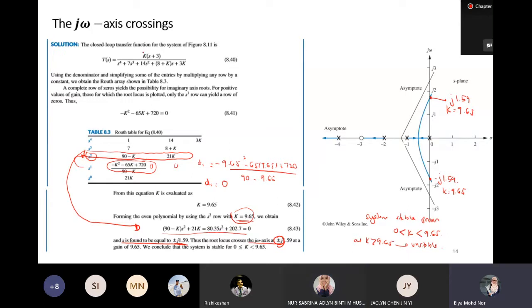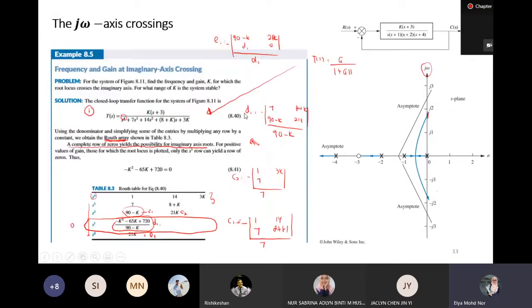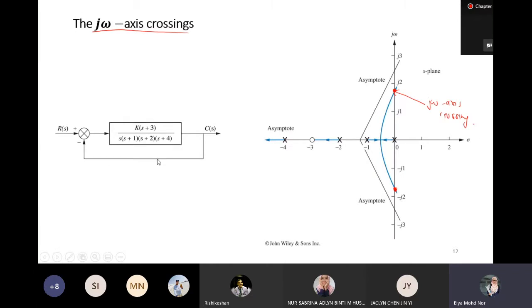What is K? K, in a controller, is our gain. So it means we adjust the gain, and we cannot adjust it more than 9.65 in this case. For this K, we cannot adjust more than 9.65. The K has to be from 0 to 9.65.